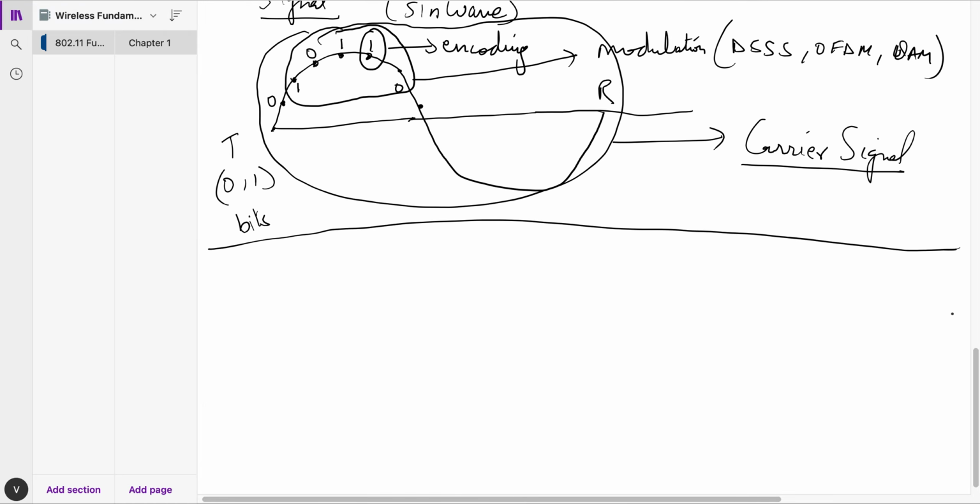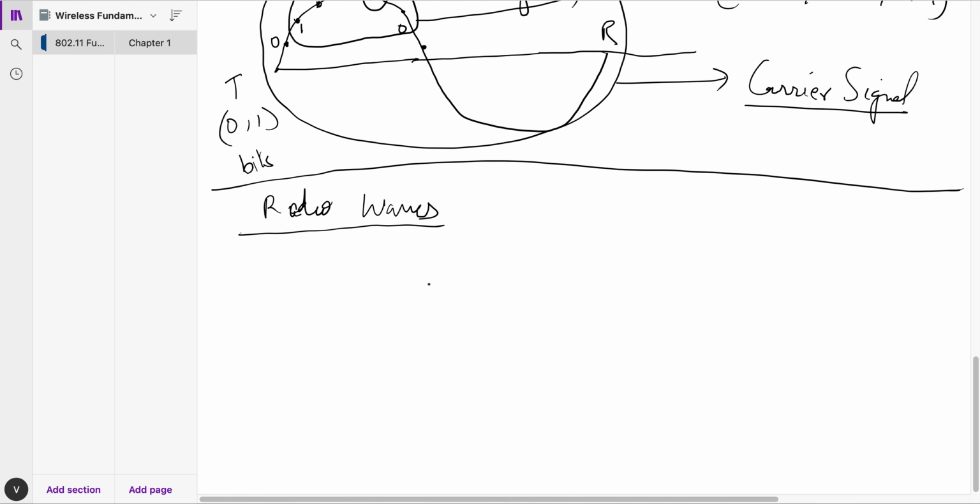The next concept that we come to, basically, we're going to talk about some characteristics of radio waves. Okay. The first one that we talk about is amplitude. Now, what is an amplitude?